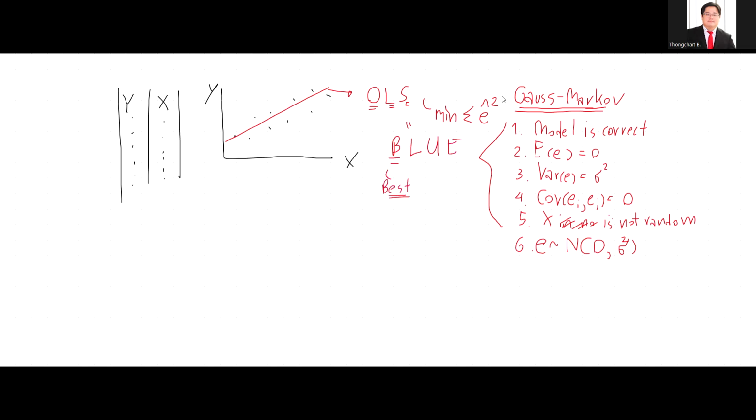Why the best? Because they can provide a minimum sigma error hat square. That's why they have minimum variance. What is minimum variance?